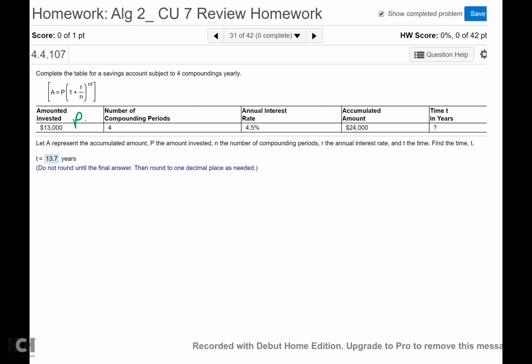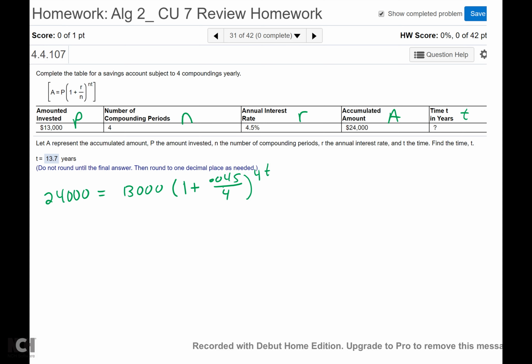Amount invested is P. Number of compounding periods is N. This is R. This is A. And this is T. So if we plug those in, I have 24,000 equals 13,000, parentheses, 1 plus, my rate is 0.045, over N is 4, to the 4 times t, which is what we're looking for.